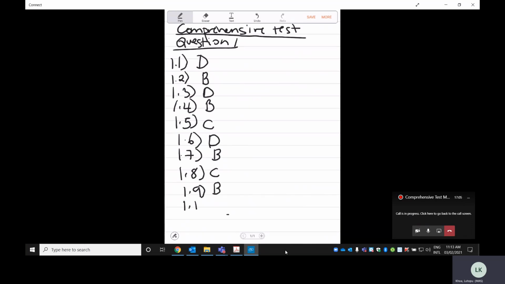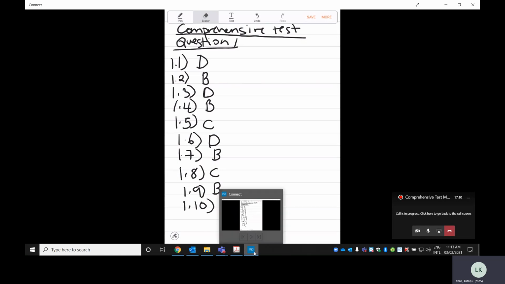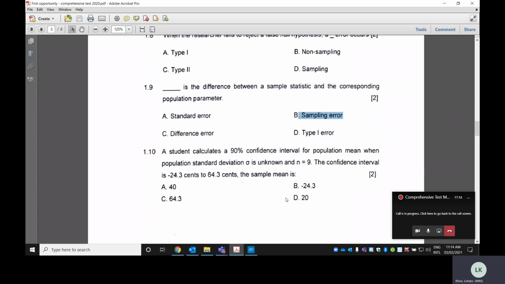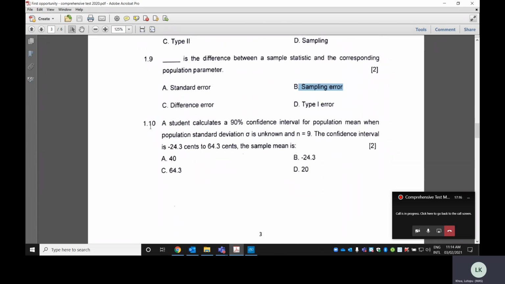Then 1.10. 1.10, a student calculates a 90% confidence interval for population mean when population standard deviation sigma is unknown and n is equal to 9. The confidence interval is minus 24.3 cents to 64.2 cents.